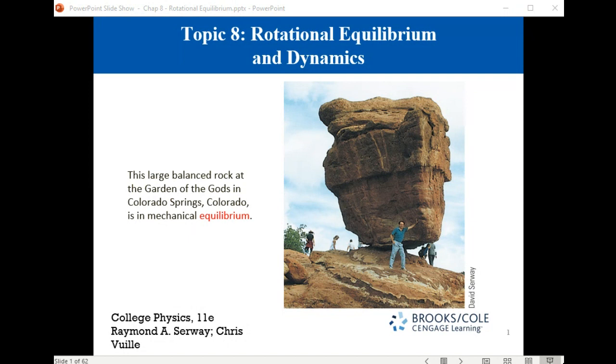As you can see in this first slide, you have a giant rock that is in an equilibrium status. We achieve equilibrium when the net external force is zero and the net external torque is zero, as we will learn in this chapter.